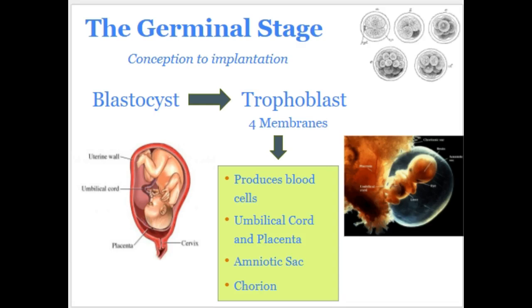The amniotic sac is kind of like a shock absorber, and it provides protection for the growing embryo and fetus. And it also helps to maintain temperature. And eventually, the growing fetus will start taking in the fluid that is in the amniotic sac, kind of like practicing breathing, if you will, and it helps to build lung function.